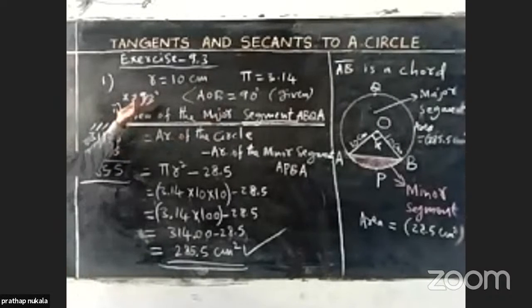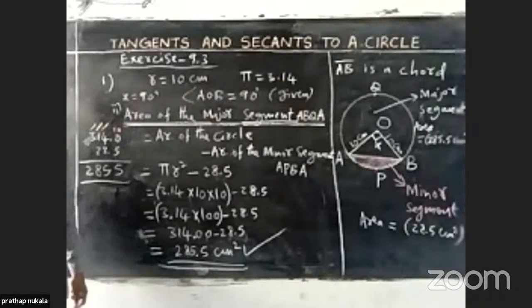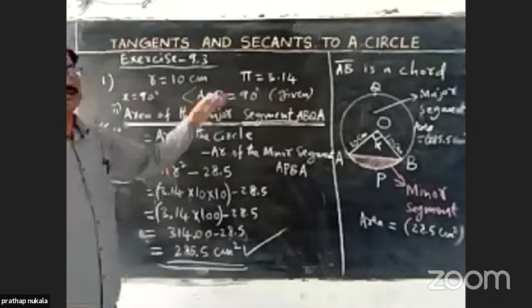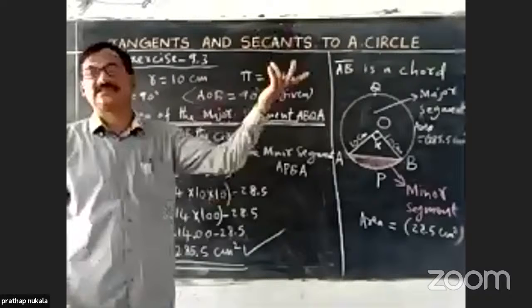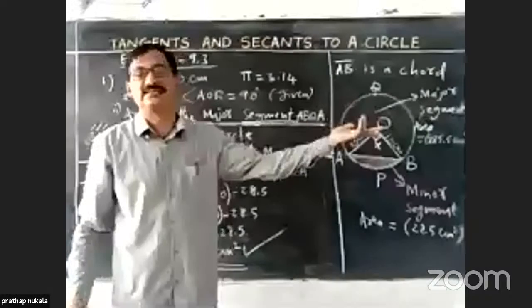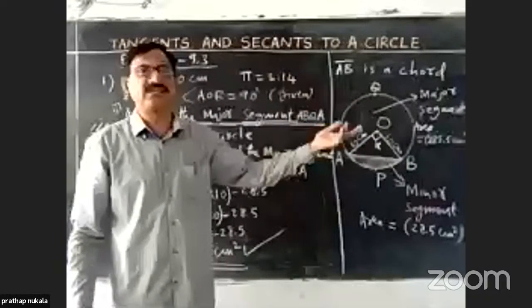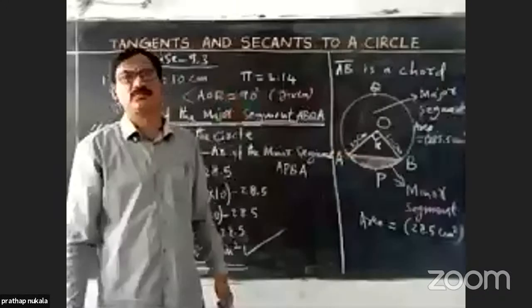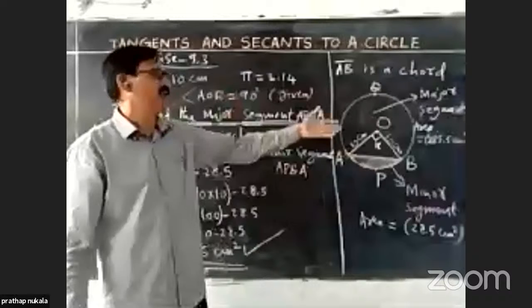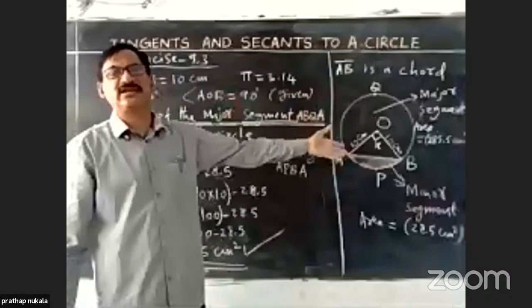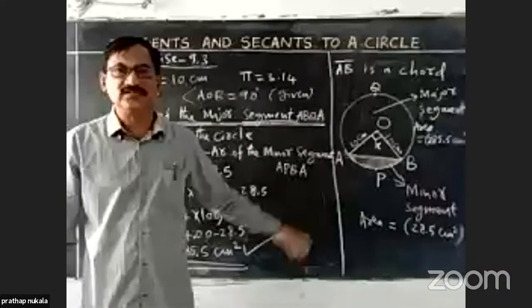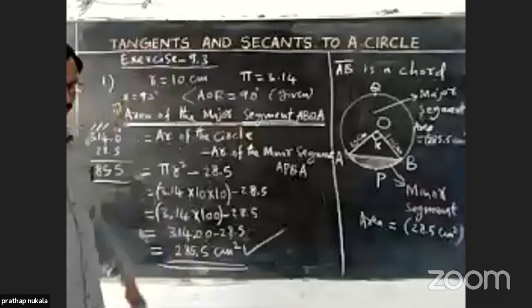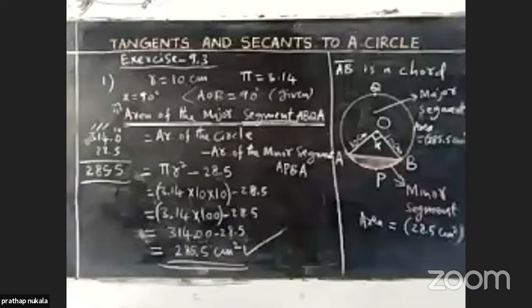Everywhere, there is no need to give 90 degrees. If it is given other than 90 degrees, means if the sector angle is 60 degrees, 100 degrees, or 120 degrees, then what to do? How to find the area of a minor segment and major segment of a circle? Let us discuss that in the second problem.